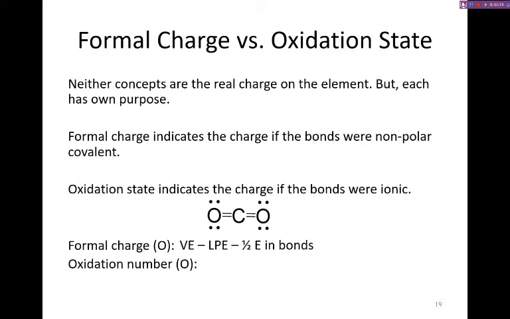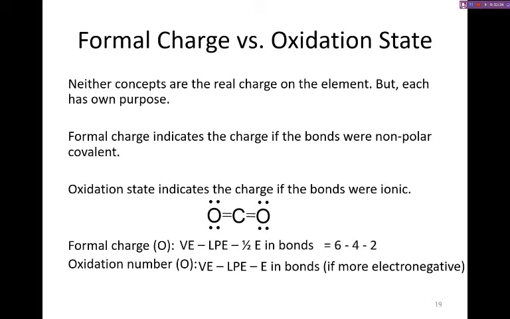Formal charge is calculated by the valence electrons minus the lone pair electrons minus half the electrons in bonds. Whereas the oxidation number is calculated by the valence electrons minus the lone pair electrons minus all of the electrons in bonds if it's more electronegative.